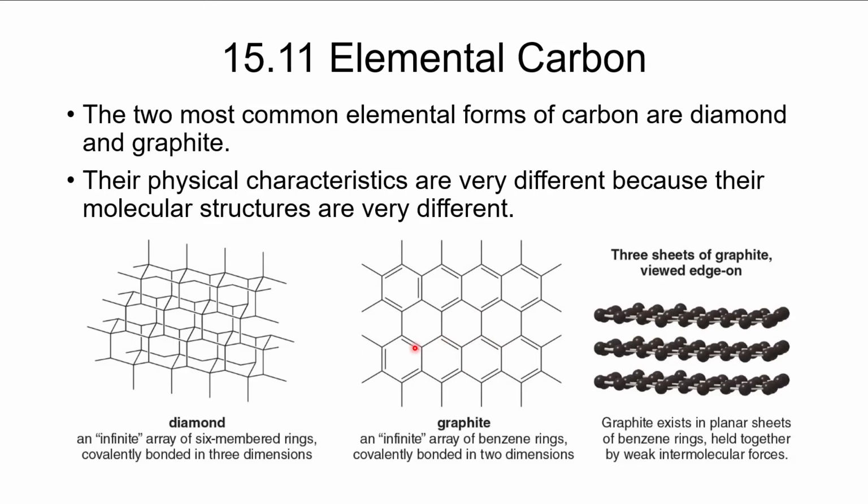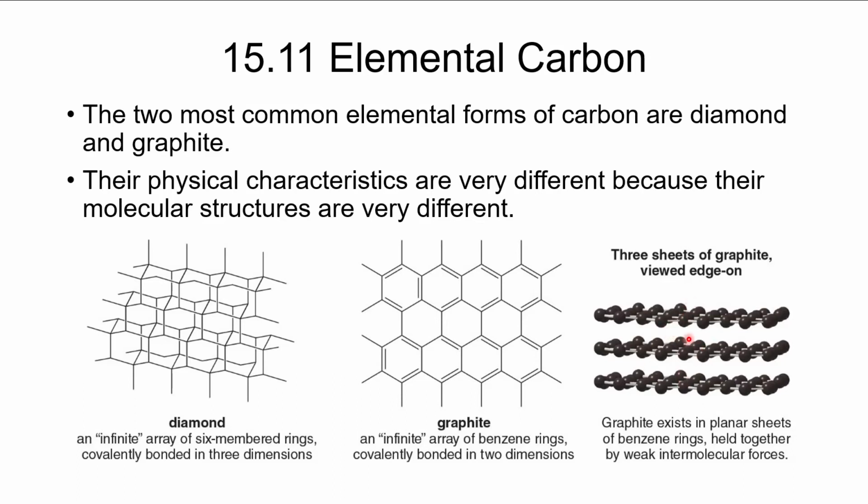If we take graphite and look at how it forms when we have graphite in mass, we'll see that it forms these sheets, and these sheets are not covalently bonded to each other. The only thing holding one sheet to another is intermolecular forces, dispersion forces, in fact. As a consequence, these sheets are capable of sliding past each other.